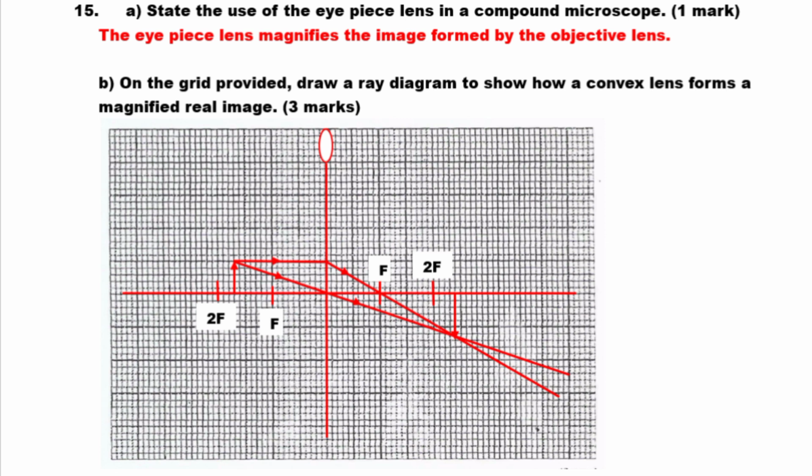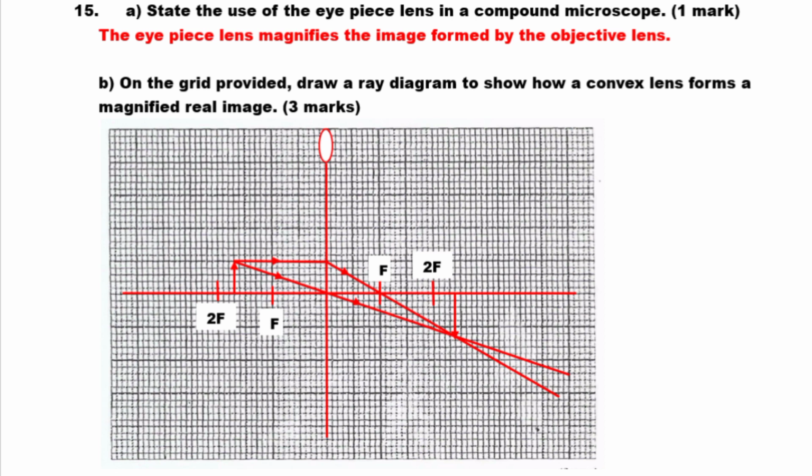Question 15b. On the grid provided, draw a ray diagram to show how a convex lens forms a magnified real image. So we have the object between 2F and F, and that's the one that forms a magnified image.